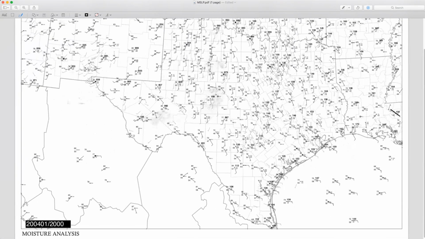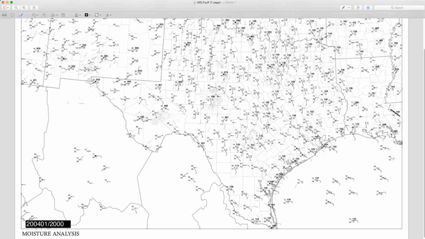How I do my analysis is we're going to do the same thing that we did with the isobars. With the isobars, we tried to figure out which ones were the same pressure, and we grouped them into lines of constant pressure. Now, with a moisture analysis, I want to group dew points.